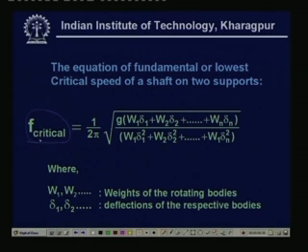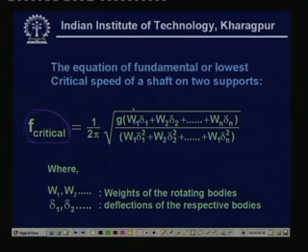Here you please note that the expression has been represented in terms of frequency rather than the speed of rotation. In this expression, W1, W2 etc. are the weights on the rotating bodies, and delta 1, delta 2 are the deflections of the shaft due to the respective weights W1, W2 etc. In actual practice these could be a gear, a pulley, and so forth.